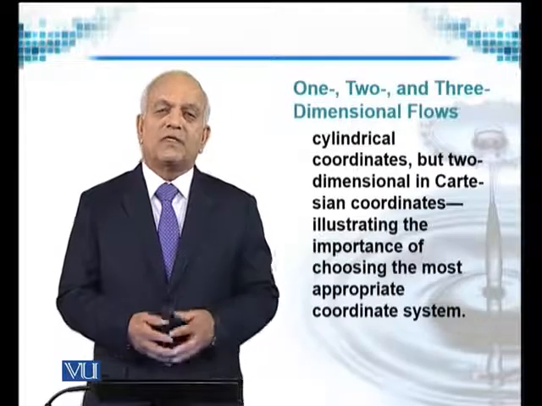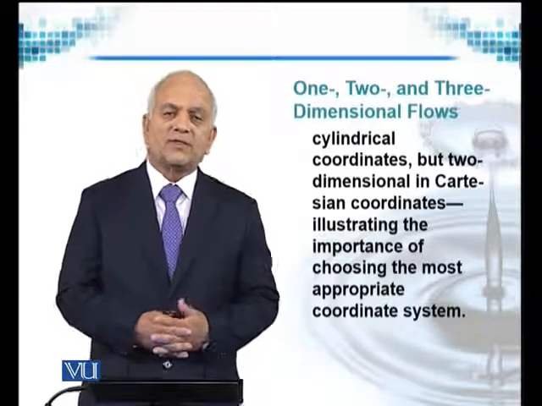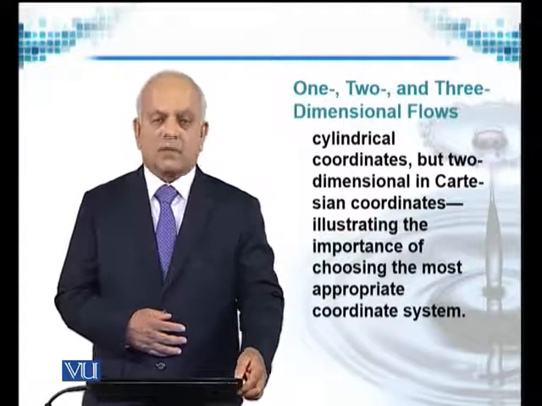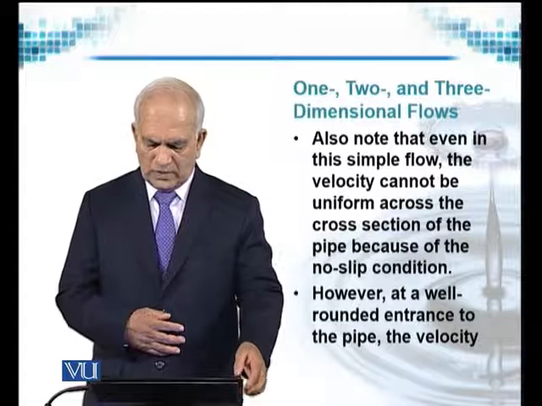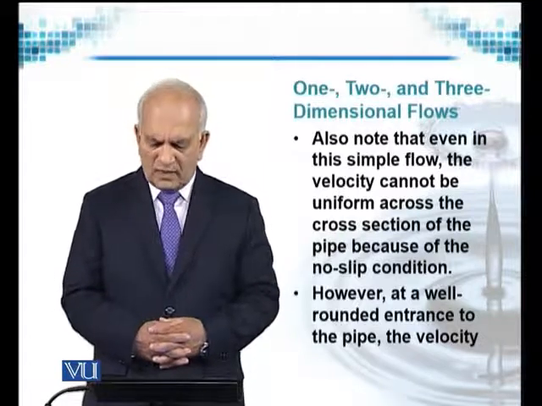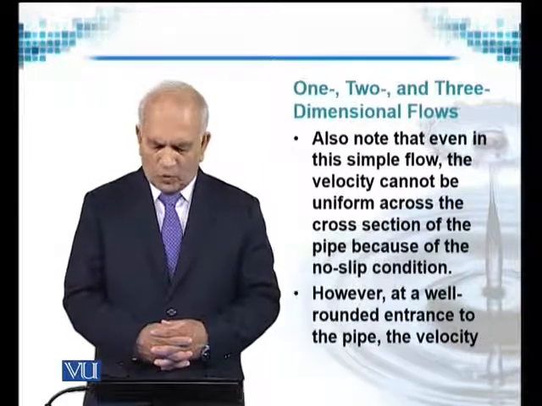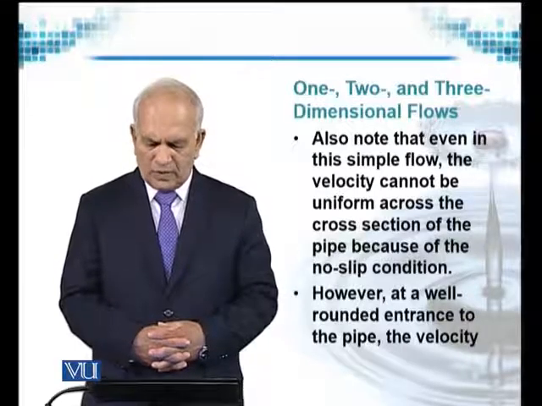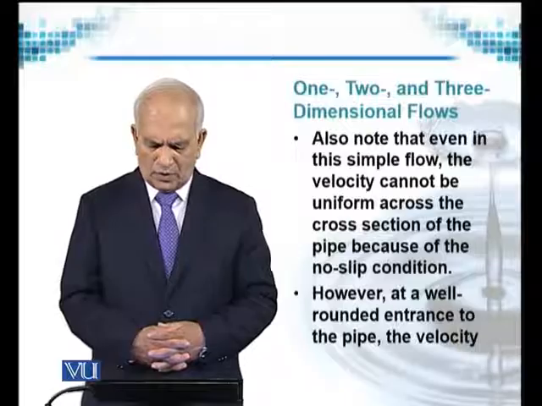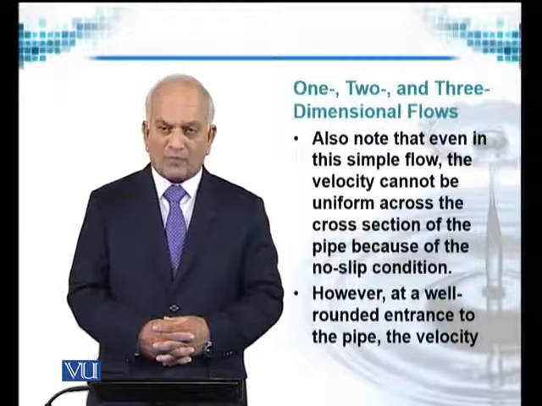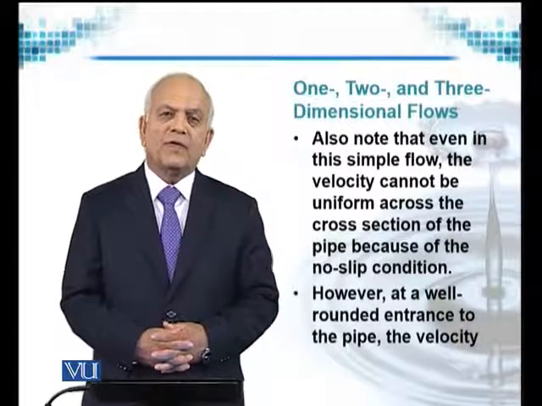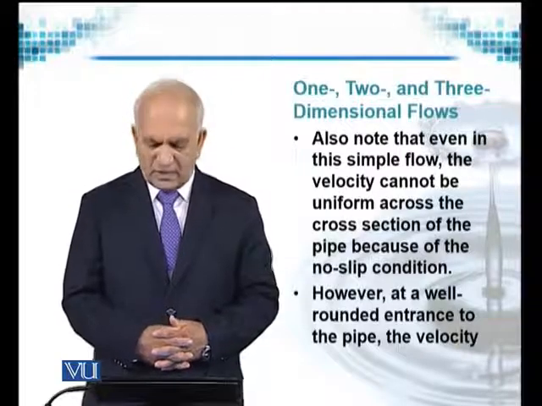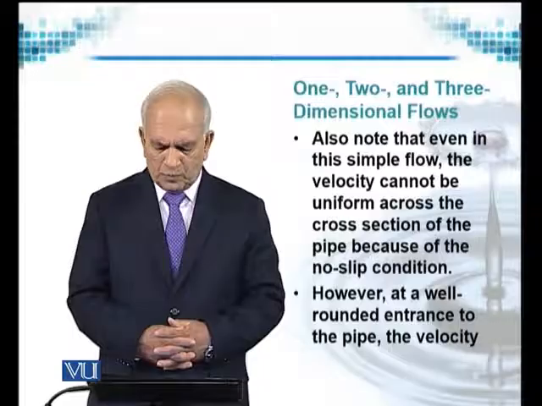As one can understand, solution of a linear equation is much easier compared to solution of a second order equation. Also note that even in this simple flow, the velocity cannot be uniform across the cross section of the pipe because of the viscous effects that are taking place at the boundary.